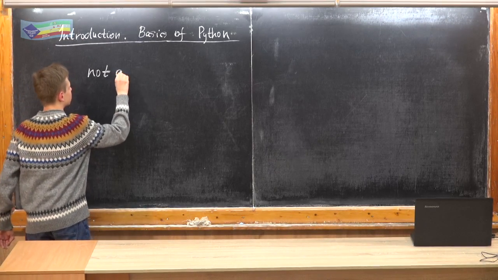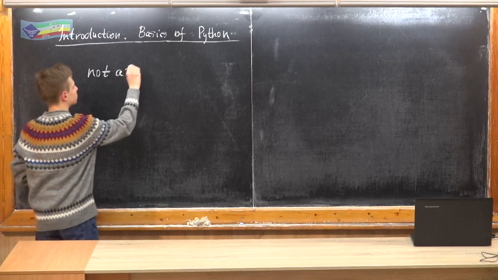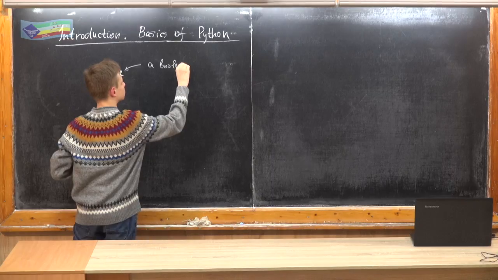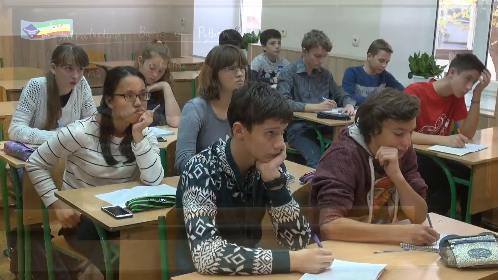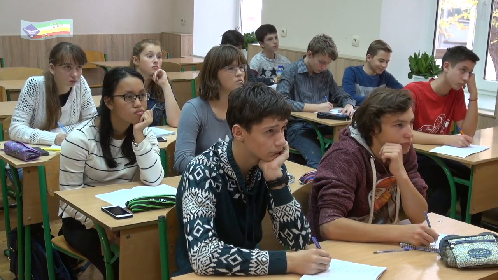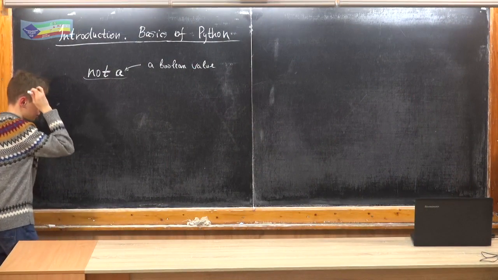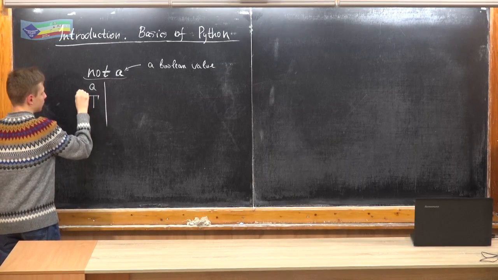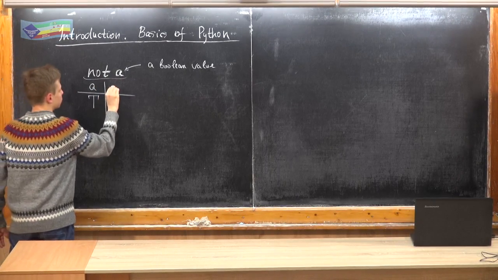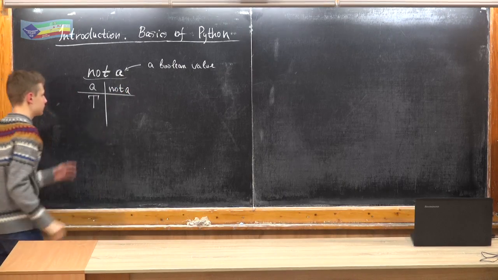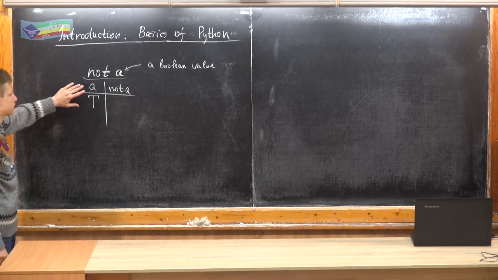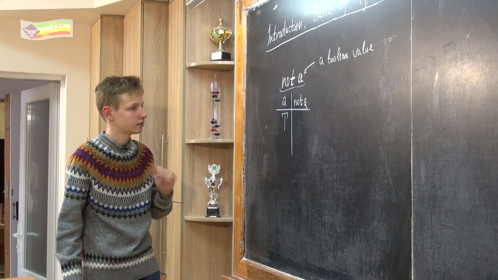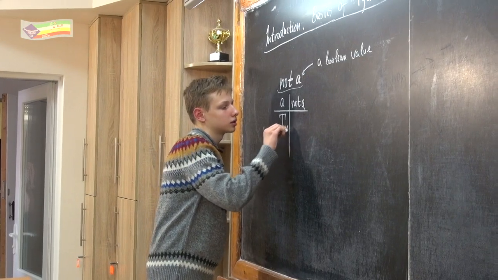not something value. A is a Boolean value. From its name, it's very obvious that we can construct such a table, A and not A. In this table, we can clearly see what happens if A has some values and what will happen with not A. So first of all, we can write true.